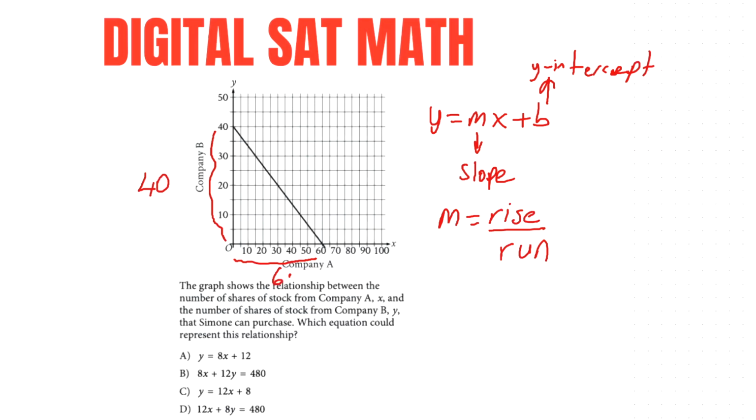So the slope of this function is 40 over 60. When you simplify it, this becomes 4 over 6, and simplified further, 2 over 3. But the slope is negative in this case.